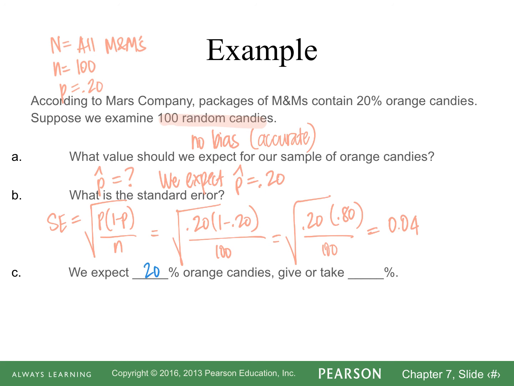And that is going to be, as a percent, 4%, because previously we had a decimal, but it's asking for us to write it as a percent. It's give or take 4%. So if we repeat this sample over and over again, we expect to be at 20% orange candies every single time. Do we get it? No, we may be off, give or take 4%.